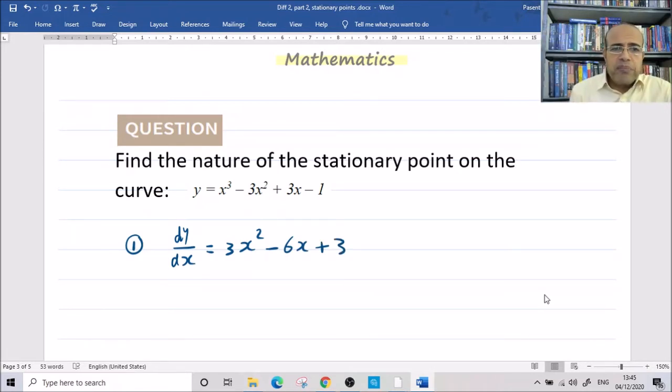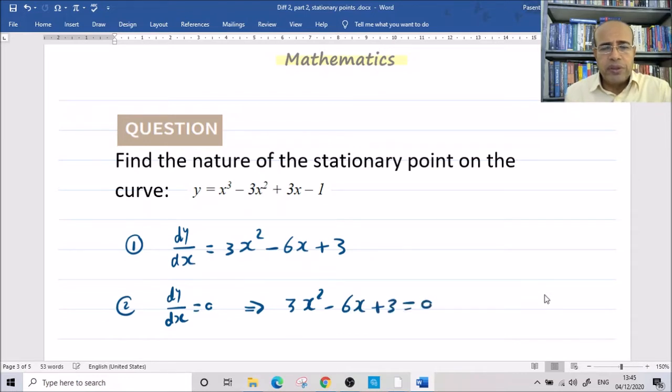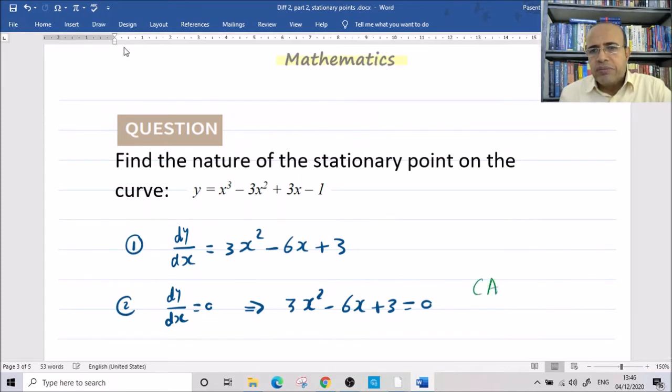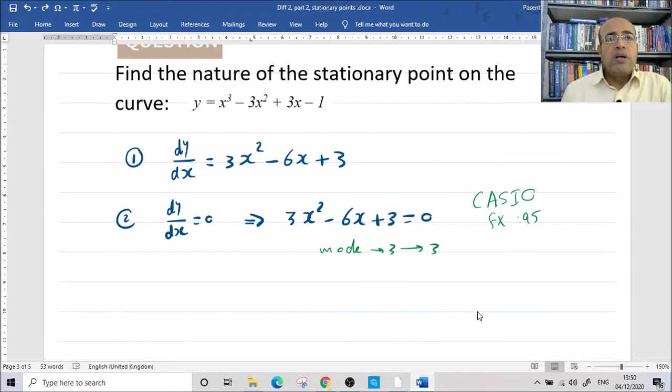The second step, equate dy by dx by 0. Then 3x squared minus 6x plus 3 equals 0. We use the calculator Casio FX95, mode 3, to solve that equation.